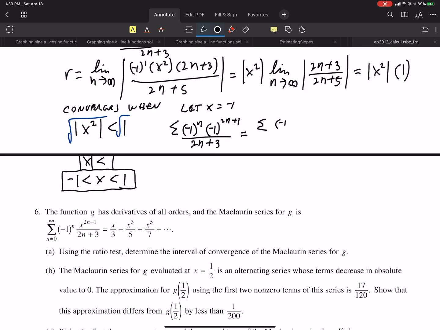So it's going to be negative 1 to the 3n plus 1. Now the top, make sure it alternates. Since it's a 3n, it actually will. But if we had a 2n, it's not going to alternate. But this will, because you can test numbers. Put in 0, and you will get a negative. Put in 1, and you'll get a positive. So it does alternate.